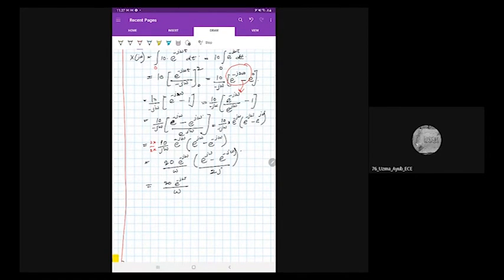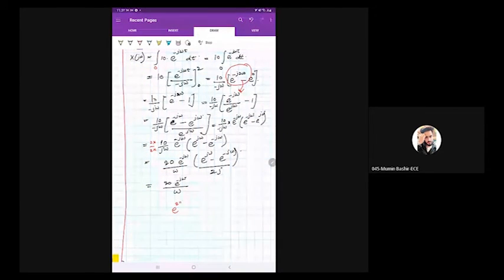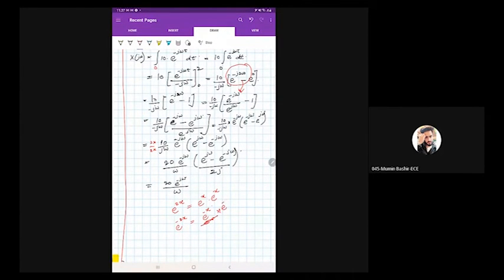See, you have a confusion. Try to understand this thing. If we have e raised power 2x, it is equal to e raised power x into e raised power x. Please turn off your mic. Mumin, turn off your mic. In the same way, if we have e raised power minus 2x, it can be written as e raised power minus x into e raised power minus x.